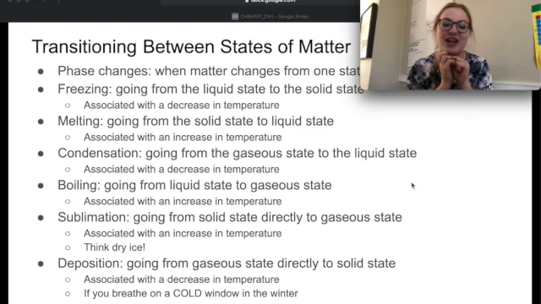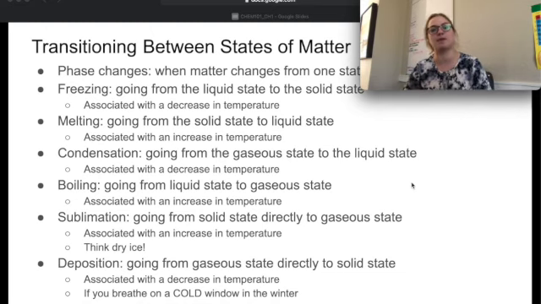So if you want to try that out sometime in the winter, it's still a little too hot now. We're more in the condensation section right now with the level of humidity we deal with in the summer. So deposition, again, is going from a gaseous state directly to a solid state, and it's associated with a decrease in temperature. My example was breathing on a cold window in the winter.